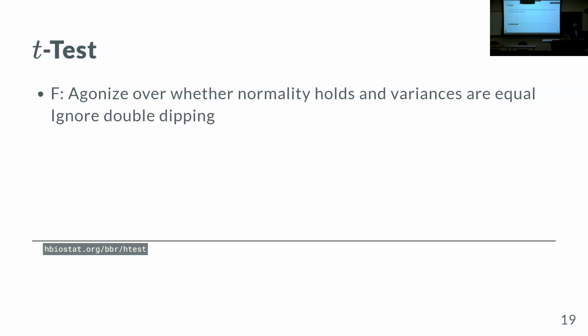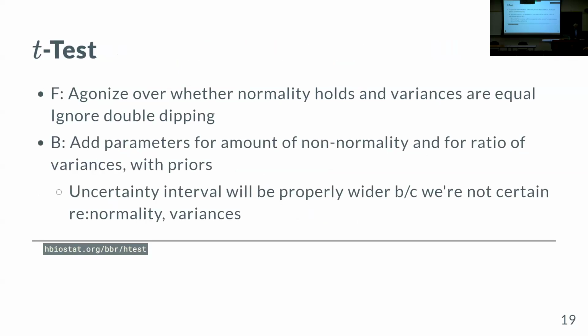So what about a t-test? Maybe I'll give a couple of examples, and then we'll hopefully have a lot of time for questions. In the frequentist world, we have to agonize over normality or equivariance, and when we do the Welch t-test, it's not giving us exactly the right p-values. So what about the Bayesian world? You add parameters for things you don't know.